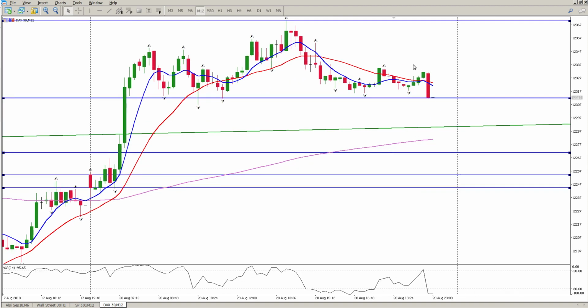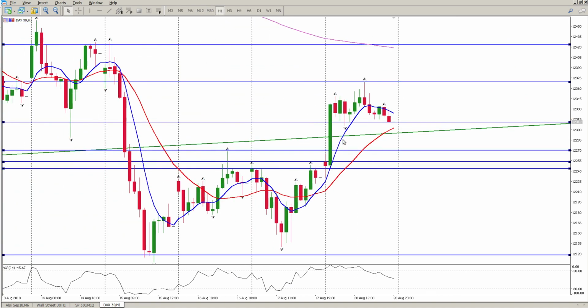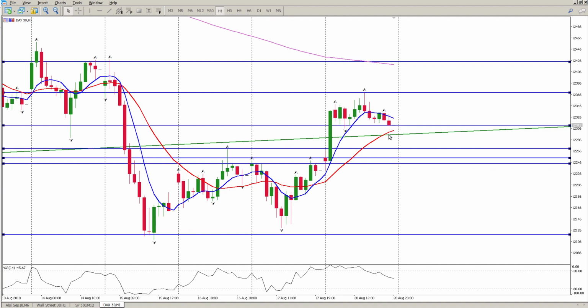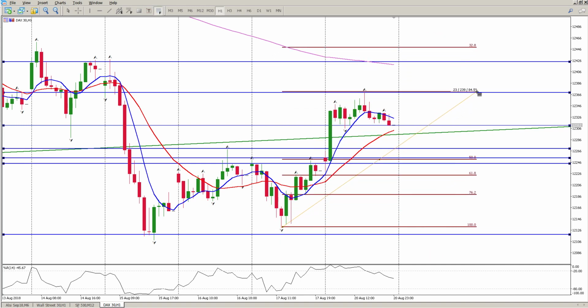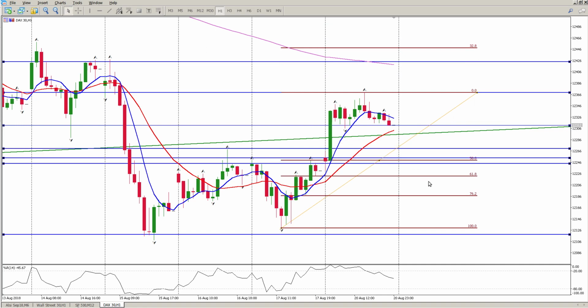Probably start off with a downside move, but then I would expect some form of consolidation somewhere for an attempt to the upside. And the reality is, if we do get a pullback into this area here, I think what you should also add to your bag of tricks would be to see where the 50% and the 61.8% levels are.